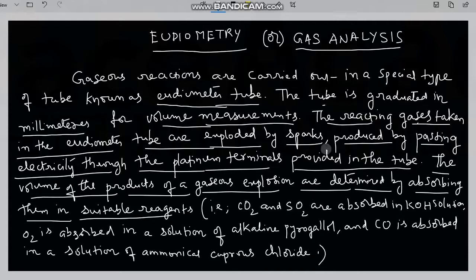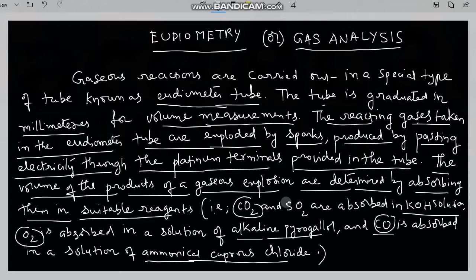Carbon dioxide and sulfur dioxide are absorbed in KOH solution, whereas oxygen is absorbed in a solution of alkaline pyrogallol. And if carbon monoxide is there in the explosion products, CO is absorbed in a solution of ammoniacal cuprous chloride. So these are the suitable reagents. CO2 and SO2 are absorbed in potassium hydroxide solution.